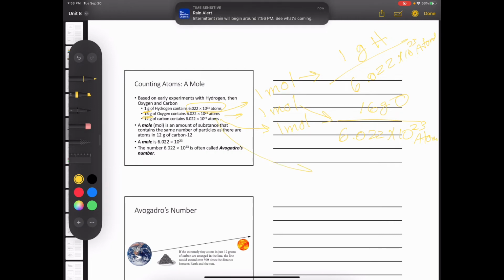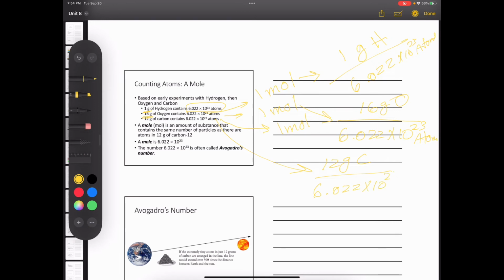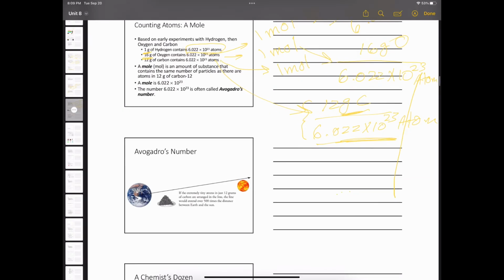And for every 12 grams of carbon, there are 6.022 times 10 to the power 23 atoms. So this serves as our conversion factor between grams of carbon and the count of atoms of carbon. You can weigh any mass of carbon and you will be able to count exactly how many atoms exist in that specific mass.